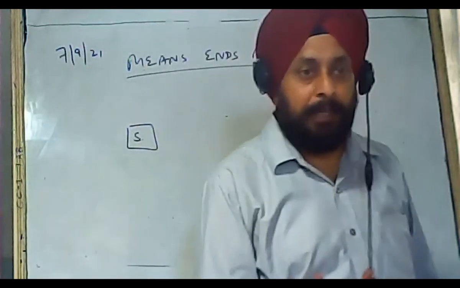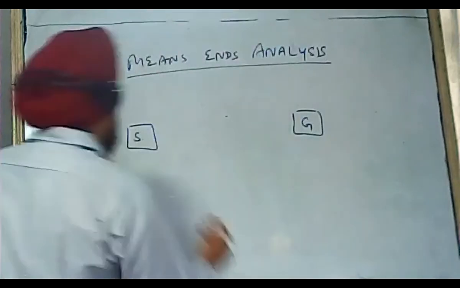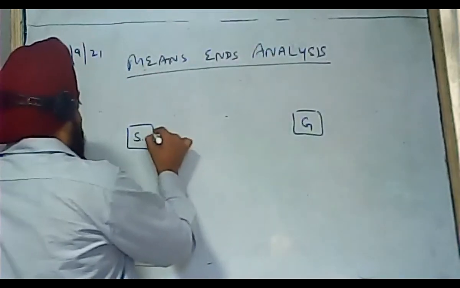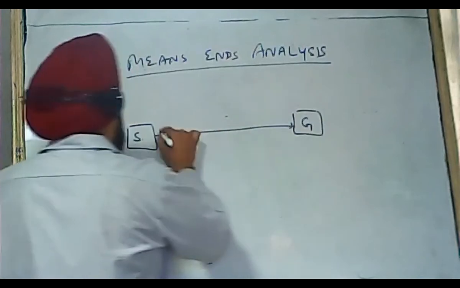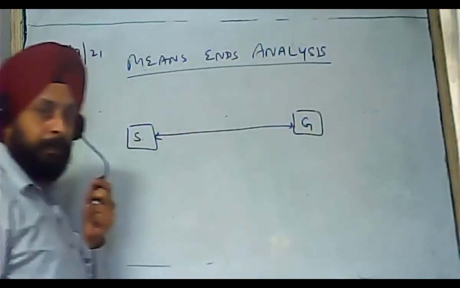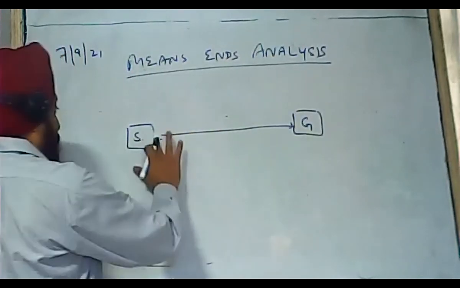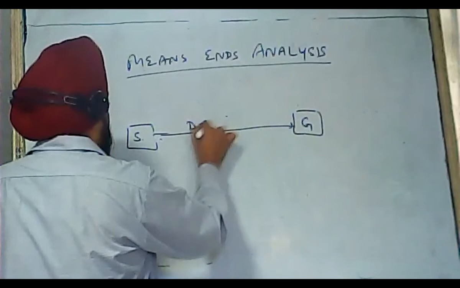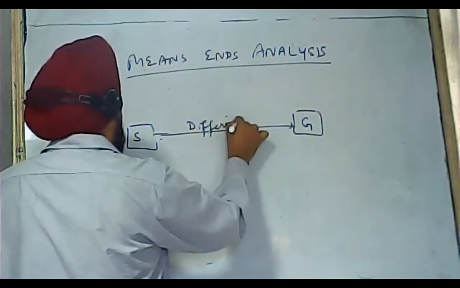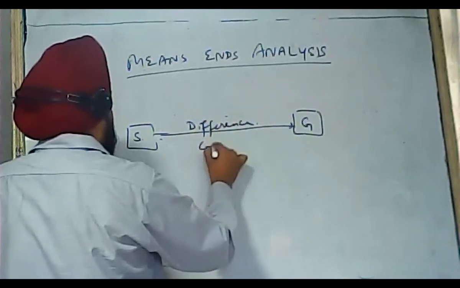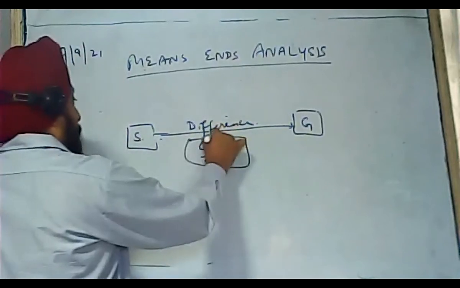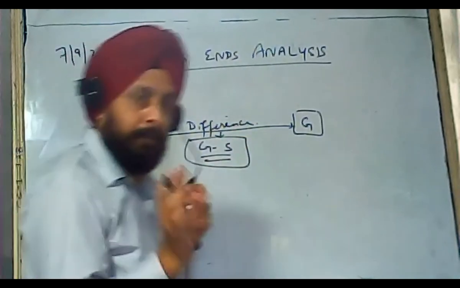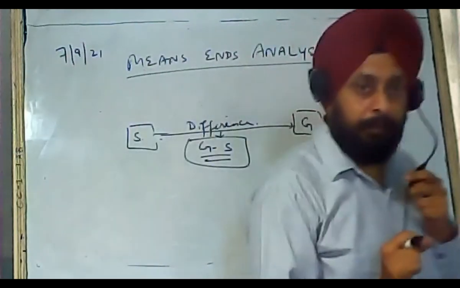The technique applied is you find the difference between your start and goal states. What is the difference? That is, you do G minus S. This gives you the difference between these two states.